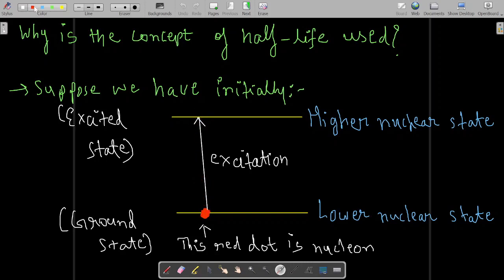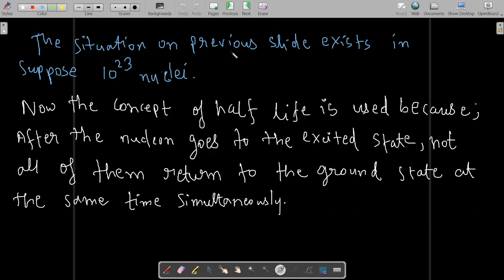The nucleon has now reached over here in this excited state. So this is the situation which we have with us, suppose: the situation on the previous slide exists in 10 to the power 23 nuclei.